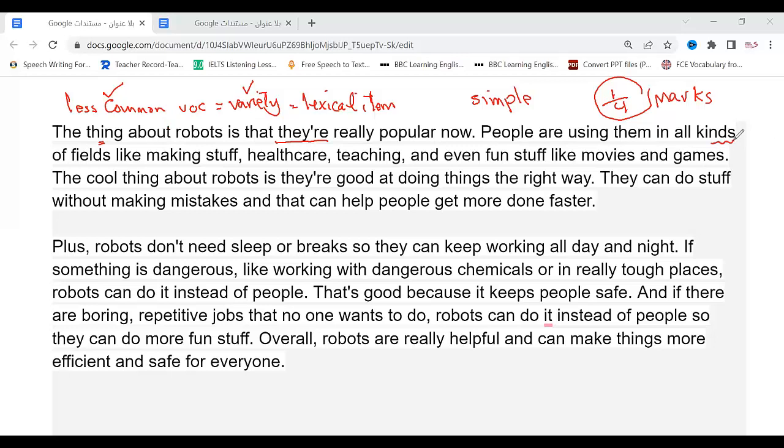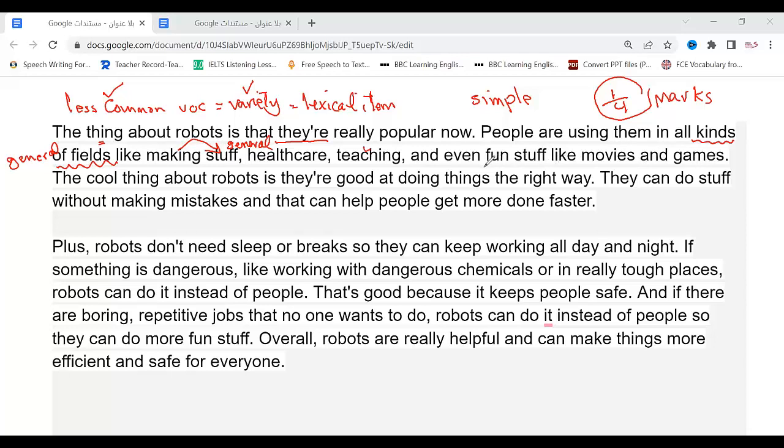Look, "kinds of fields" is a very vague and general term, which doesn't specify the areas of life. "Like making stuff." The word stuff means tasks, which sounds very general. "Healthcare and teaching, and even fun stuff like movies and games."